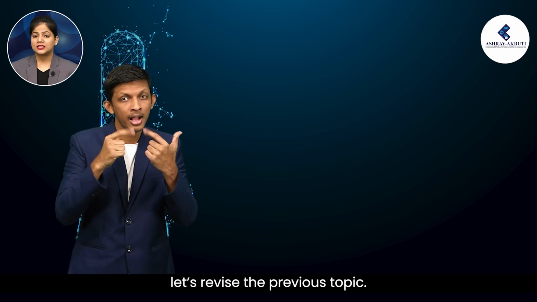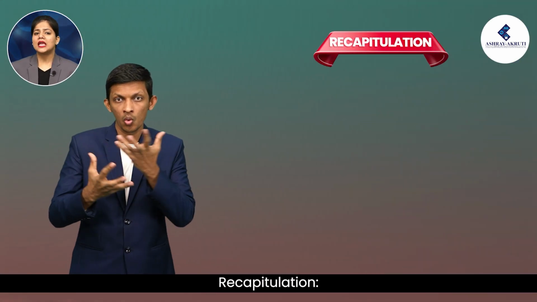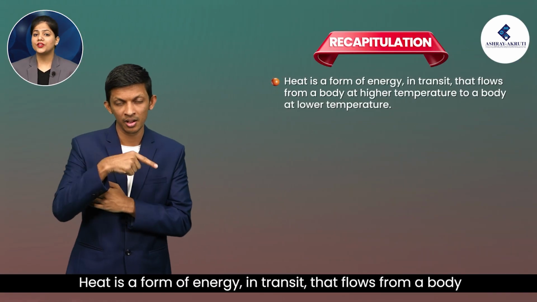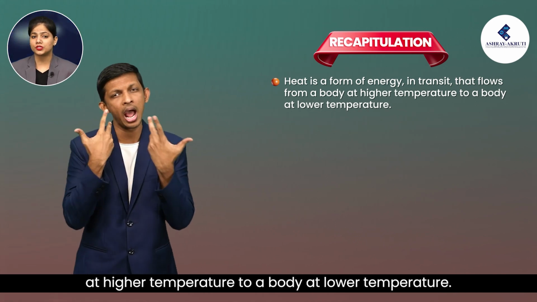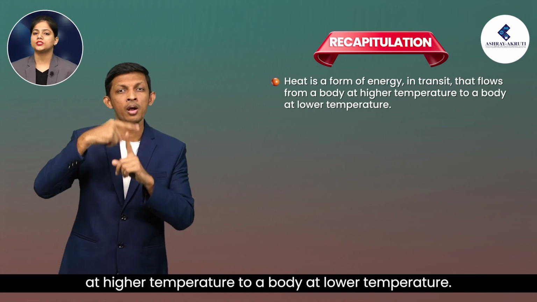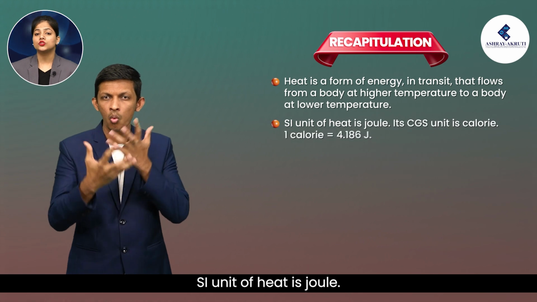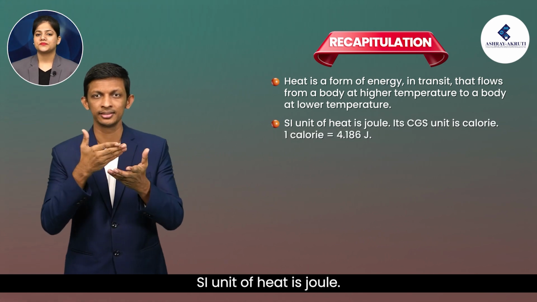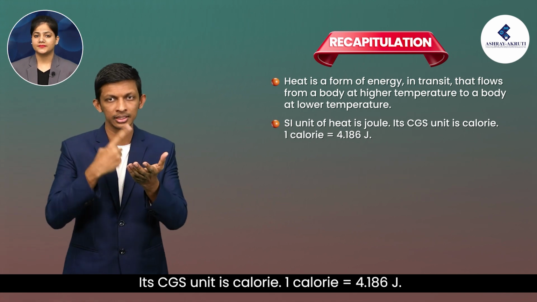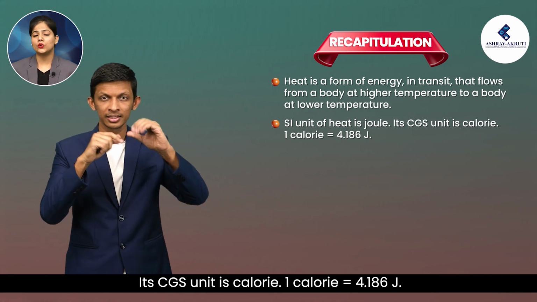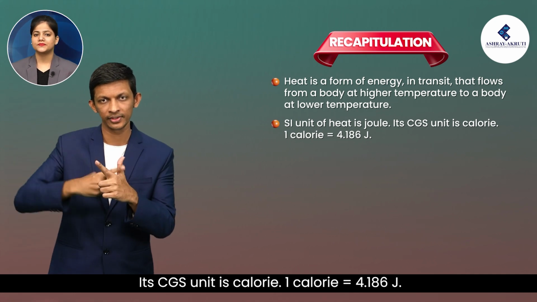Before that, let's revise the previous topic. Recapitulation. Heat is a form of energy in transit that flows from a body at higher temperature to a body at a lower temperature. The SI unit of heat is joule. Its CGS unit is calorie. 1 calorie is equal to 4.186 joule.